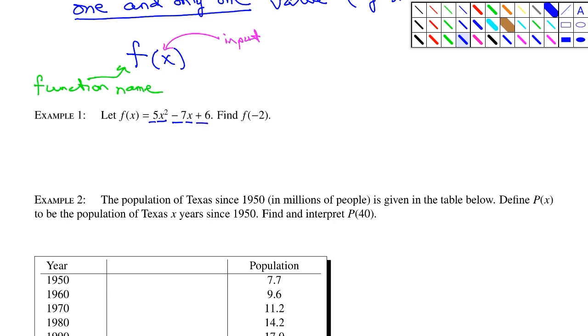That's what this function does. It takes the input, squares it, multiplies it by 5, subtracts 7 times the input, and then adds 6 to the end.